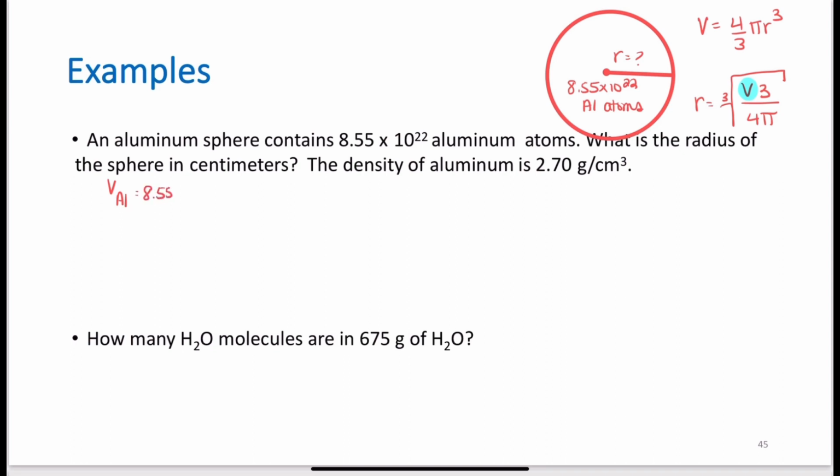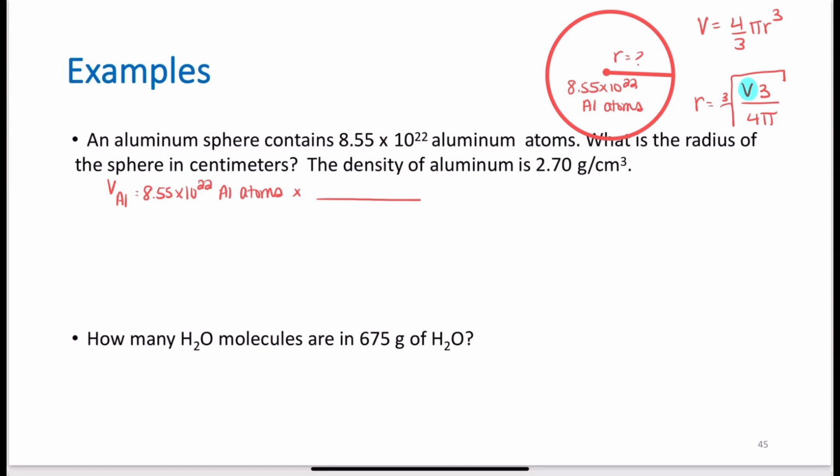I have 8.55 times 10 to the 22nd aluminum atoms. I'm going to do this all by dimensional analysis because that is the process we want you following; if you can get your units to cancel out properly, then you're going to get the right answer. I don't have a conversion to go from atoms to volume, because each atom has a different volume.